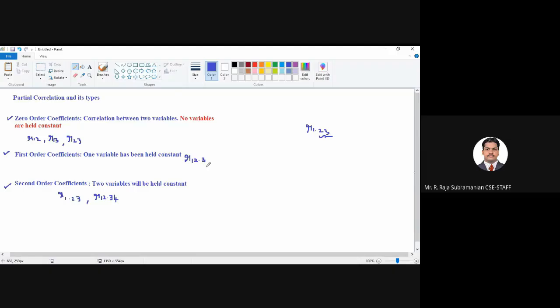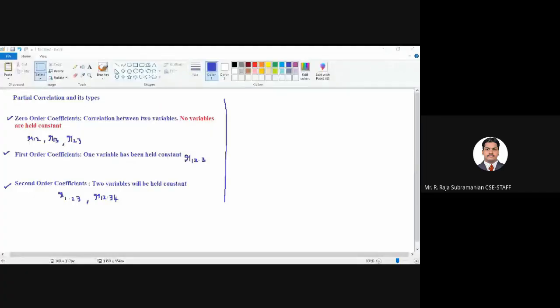Formula and how to make 1 and 2 here. We know, instead of directly giving you the correlation coefficient, what will be given is the summation values.